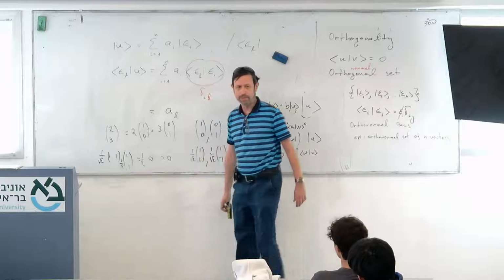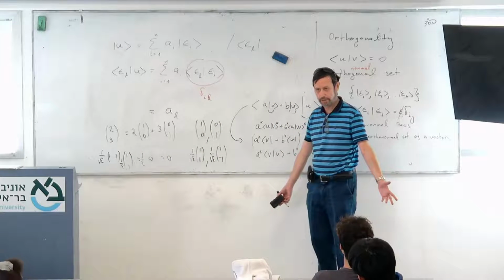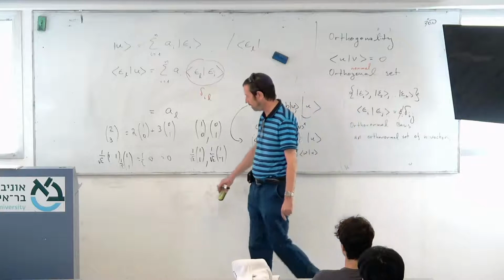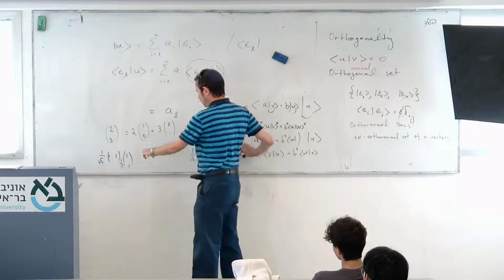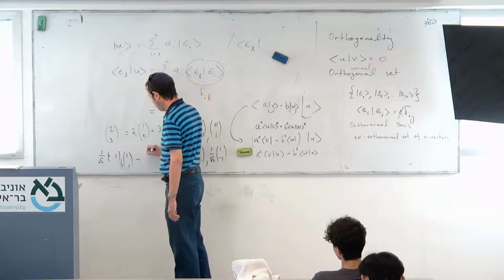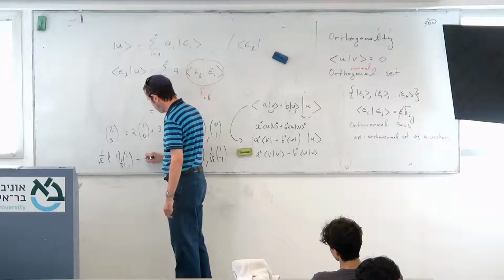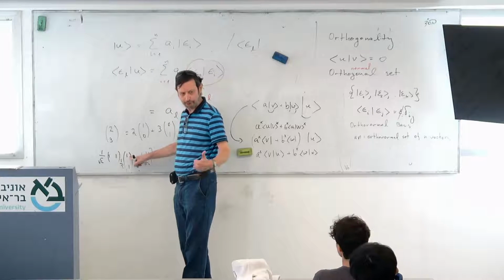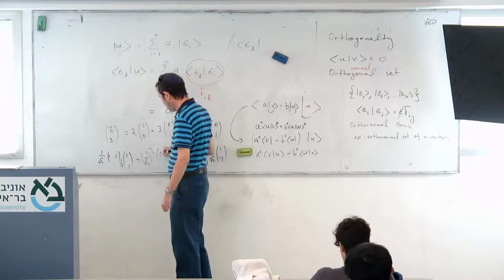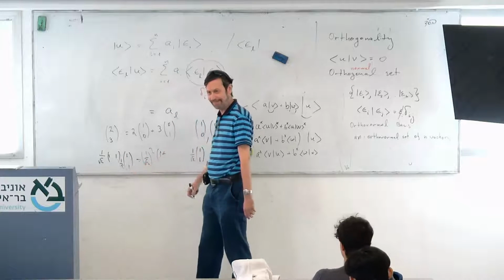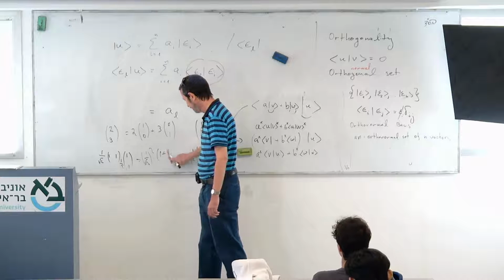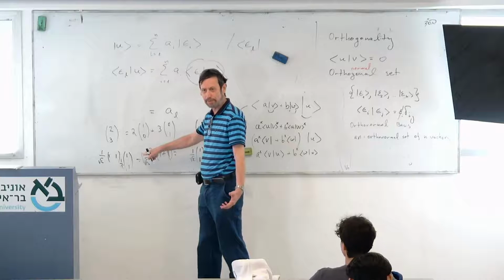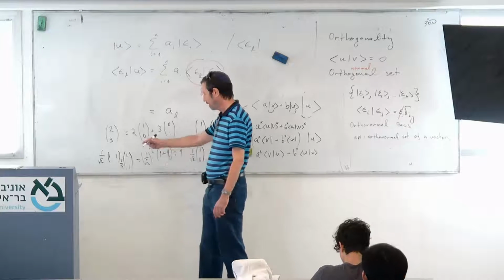Now I'm checking the normalization, not only the orthogonality I checked. 1 over square root of 2 squared: 1 times 1, 1, plus 1 times 1, 1, is 2, and 2 divided by 2 is 1.